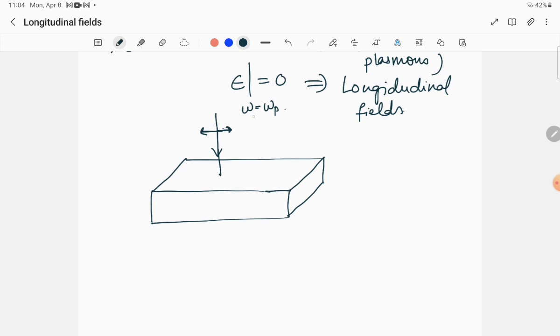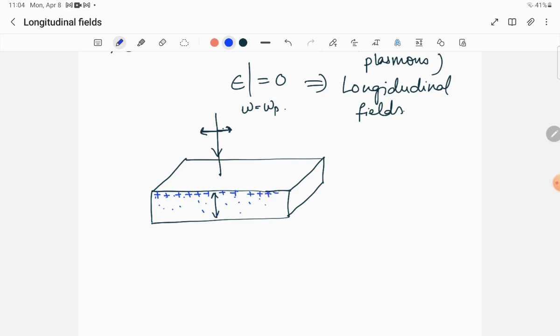However, when the frequency matches omega p, there is an electric field in the longitudinal direction, and what happens is the cloud of electrons that are present here actually shifts to one side, and you eventually have a layer of ions on top.